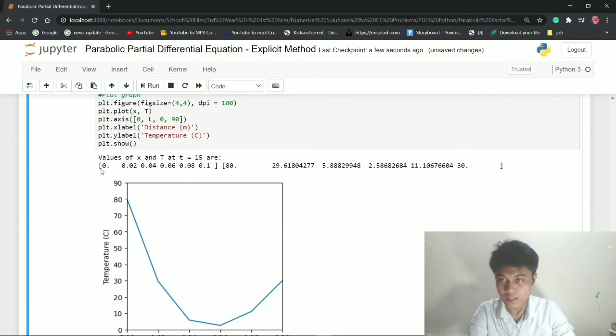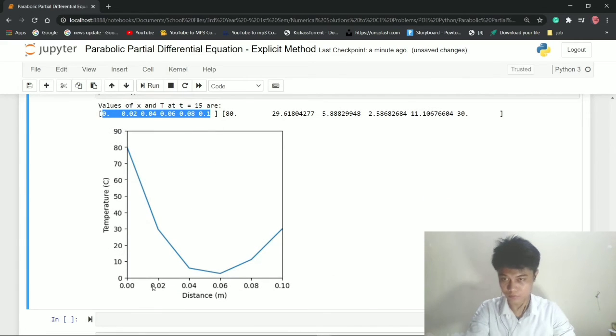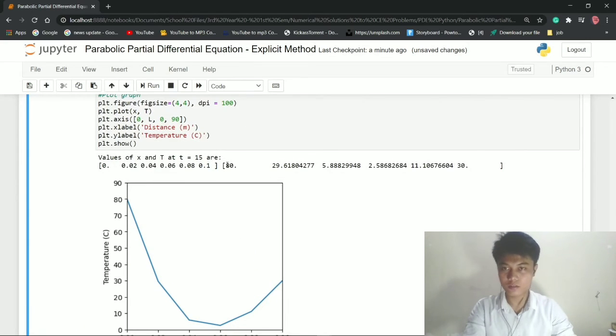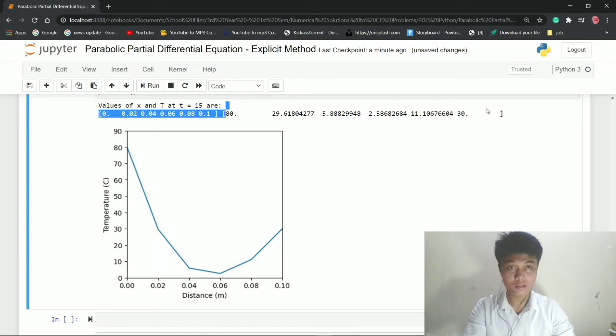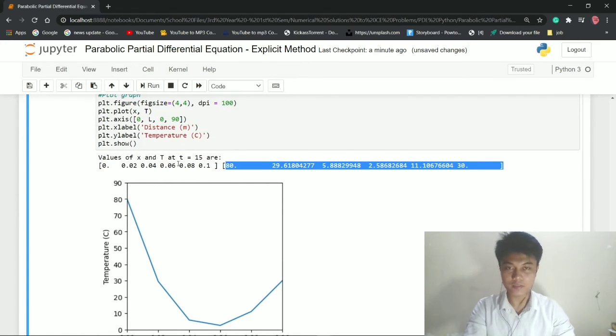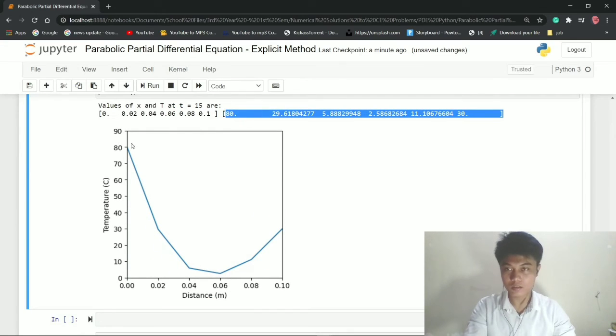So, for its values, ito yung ating x-axis, ito yung 0, 0.02, 0.04, so on and so forth. And then, dito, ito naman is our temperature, which is 80, ito, 29, 5, 2, 11, and then 30, back to 30.